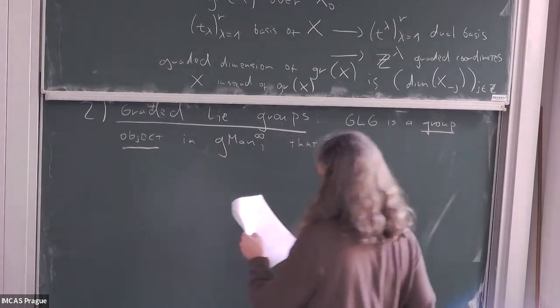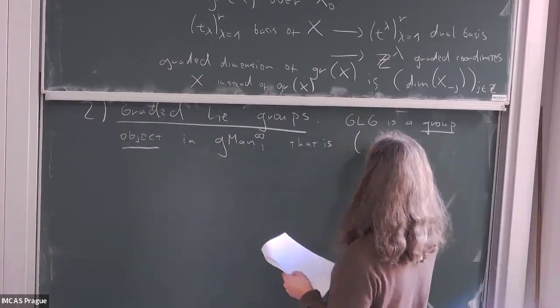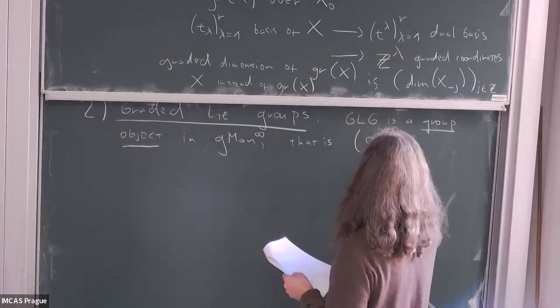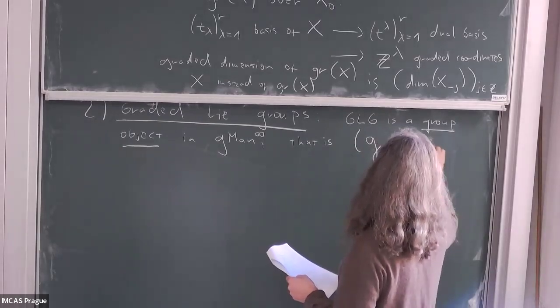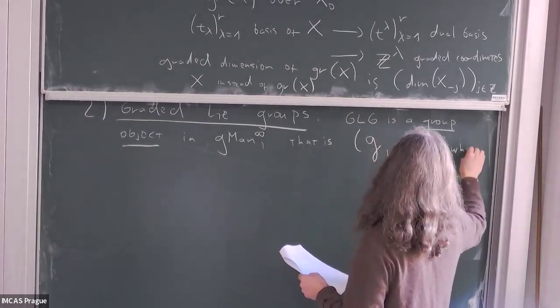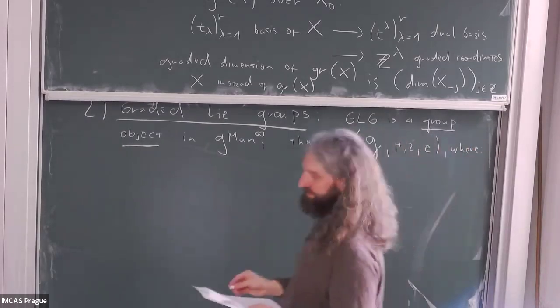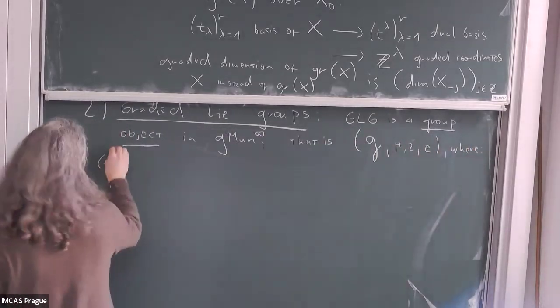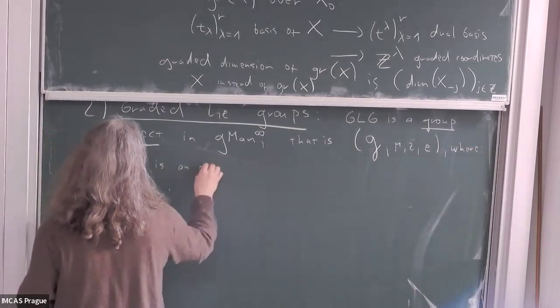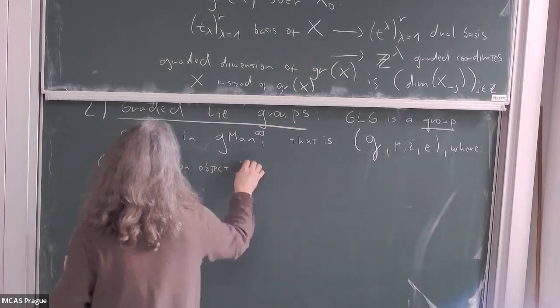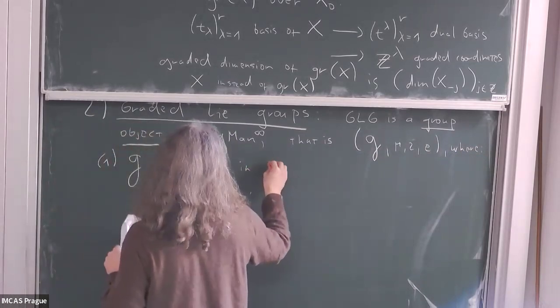That is, a tuple, capital G, mu, iota, E, where, so I will now decipher what I mean. This capital G is an object in Gman infinity.